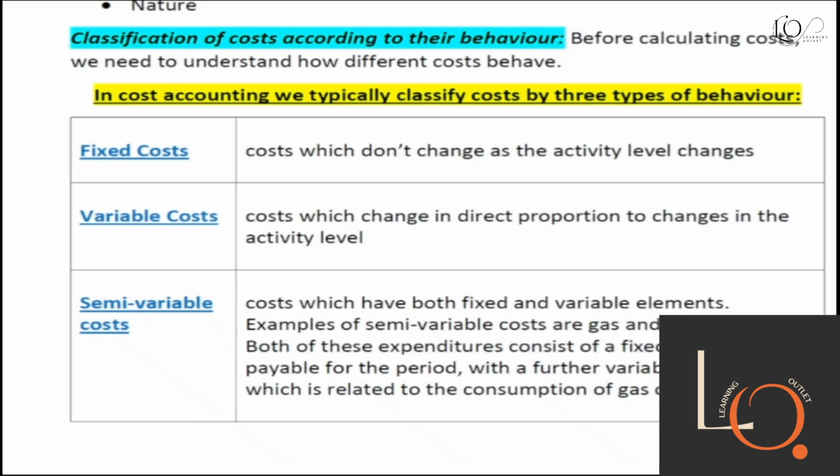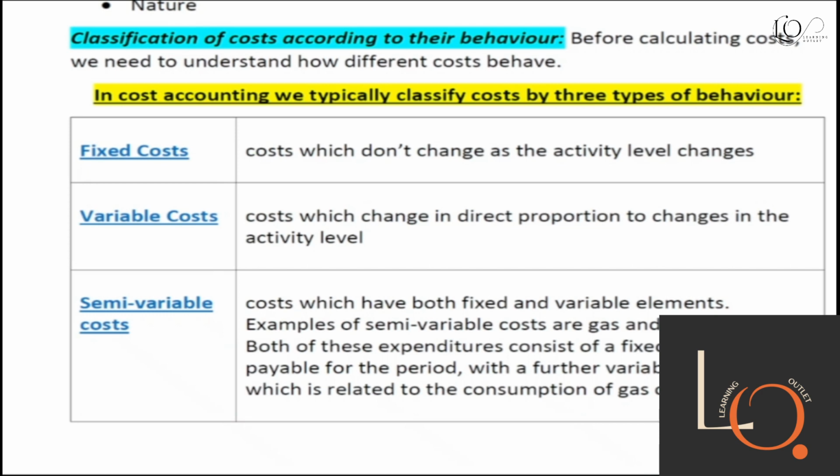Third, you have semi-variable costs as well, which means they have fixed elements as well as variable elements. Now, you might be wondering, what are the examples then? Examples in normal life are gas and electricity, which means you have to pay a fixed amount even if you don't use it. Just for the connection, you are supposed to pay a small fixed amount.